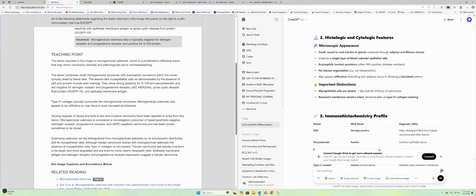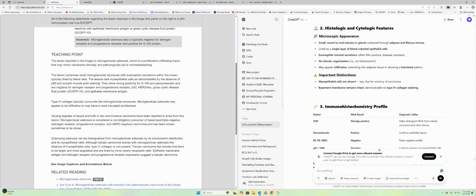Then the basement membranes are intact, showing type 4 collagen staining. Myoepithelial IHC is S100 strongly positive, which helps distinguish it from tubular carcinoma. Pancytokeratin is positive, confirming its epithelial cell origin.